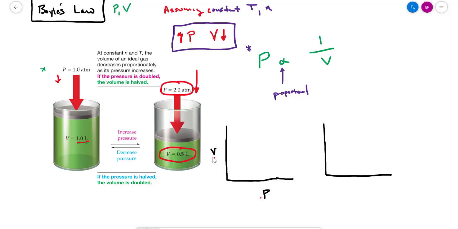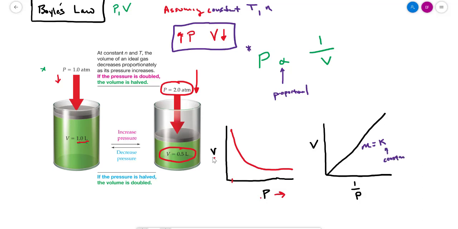Well, if we started with a volume here and a pressure down here, low pressure, and we started to ramp up the pressure in this direction, we'd expect this sort of hyperbolic relationship that goes as 1 over P. If we wanted to plot this in a linear way, or linearize this expression, what we could do is plot volume versus 1 over P, and that would establish a direct, nice linear relationship between the two, and we would have a slope of the line that would be proportional to some constant, right?